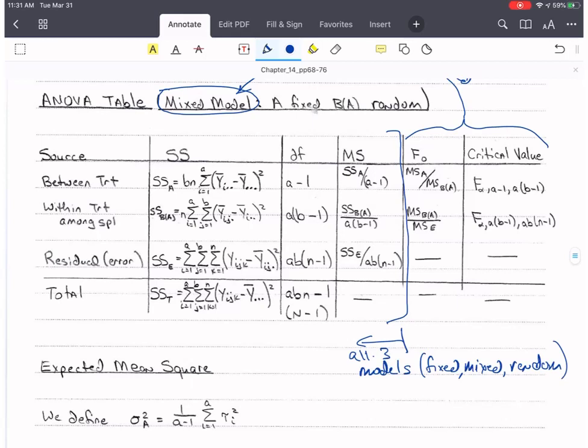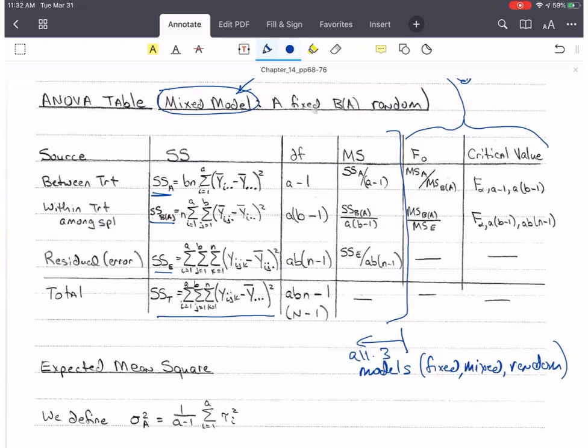So exactly the quantities we specified above in the decomposition, they're here, those three quantities. And the total is, of course, down here. And remember that this column adds up. SSA plus SSB nested within A plus SSE, those equal SST. That's our decomposition of the sums of squares.